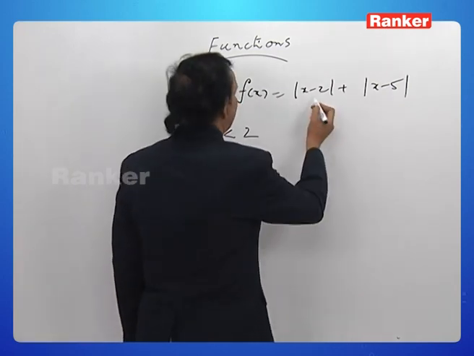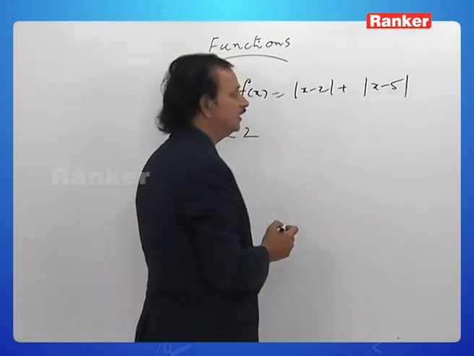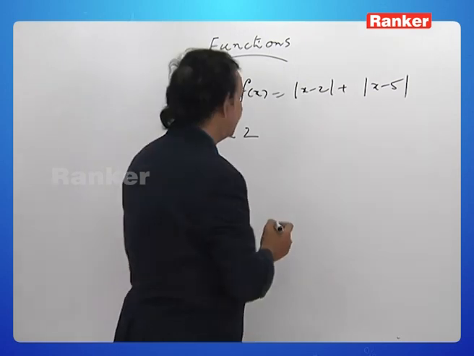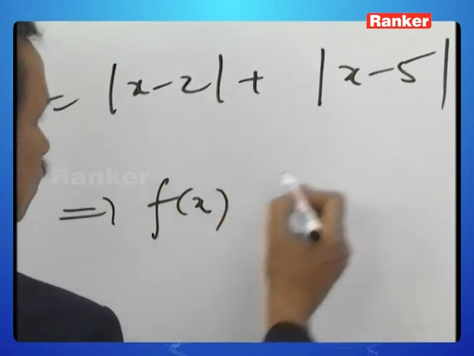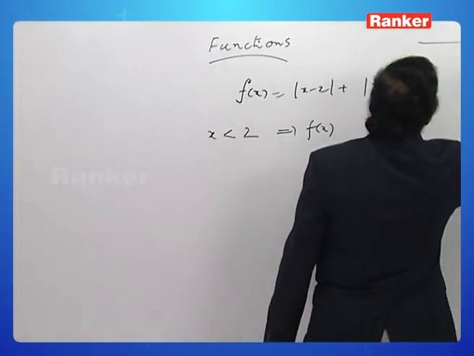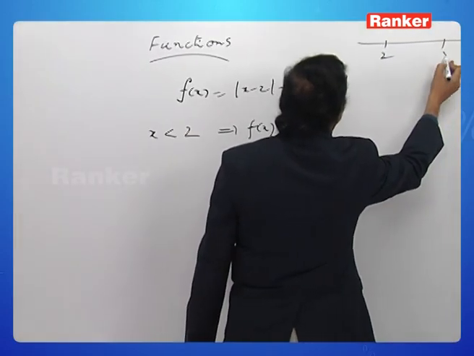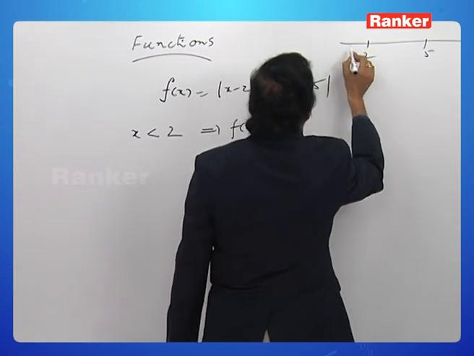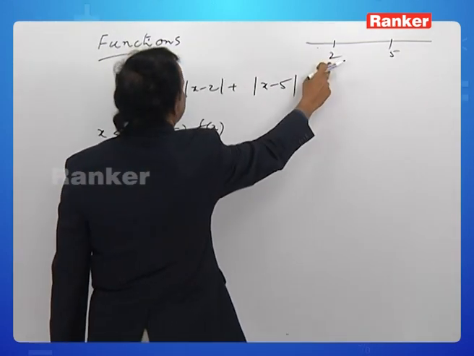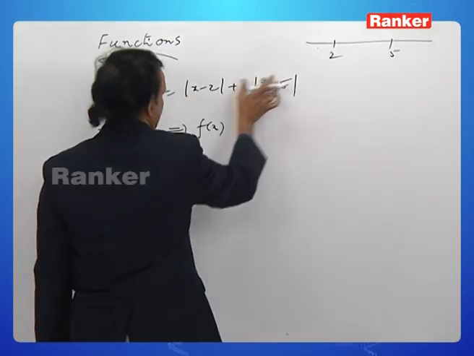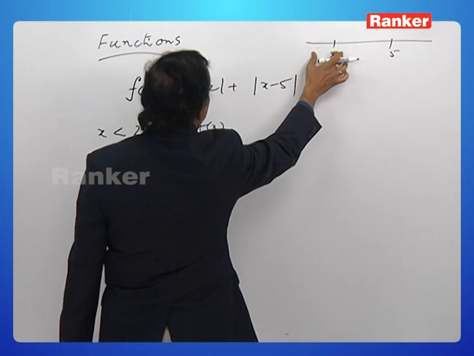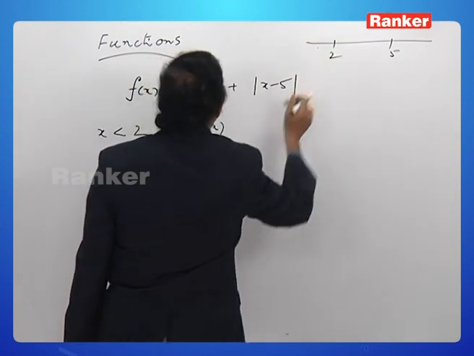In this case, x is less than 2. Here the mod x minus 2 is nothing but the distance between x and 2. That is, the distance between x and 2 is 2 minus x.